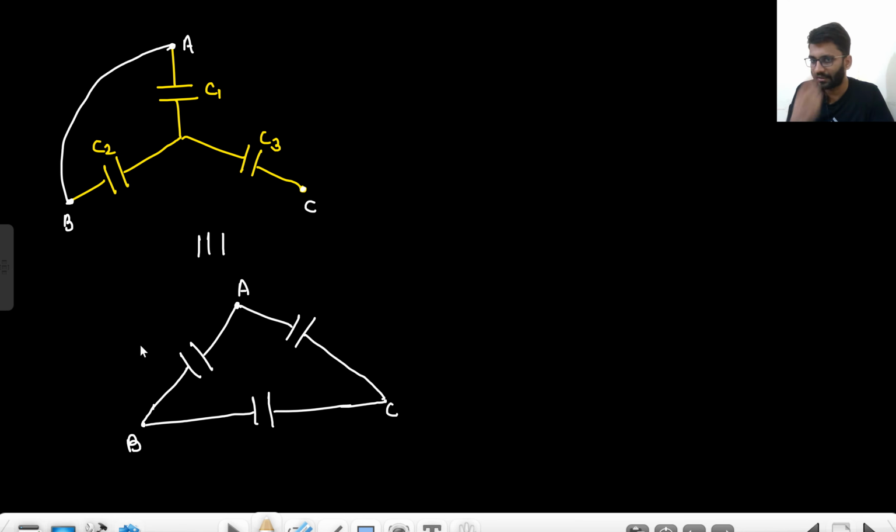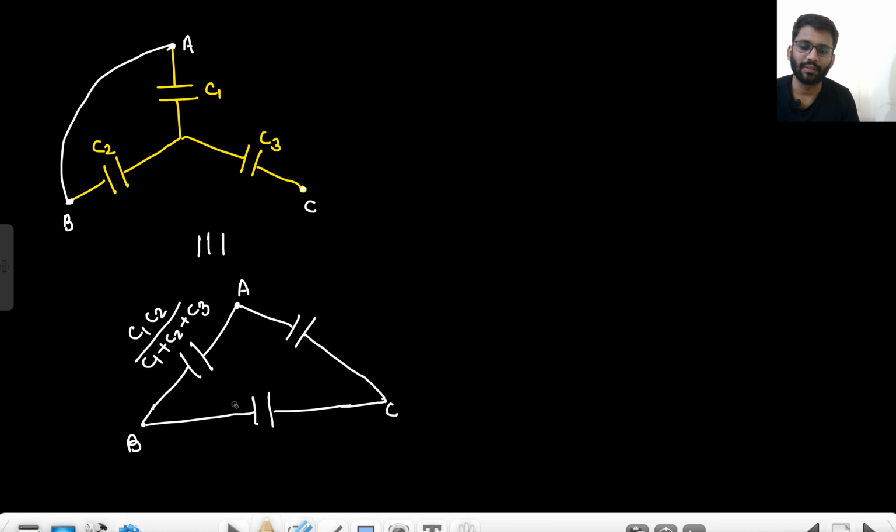You will write it as the multiplication of these two, C1 C2, divided by the addition of all three, C1 plus C2 plus C3. This is for this value, and then here the multiplication of these two, C1 C3, divided by all the values.